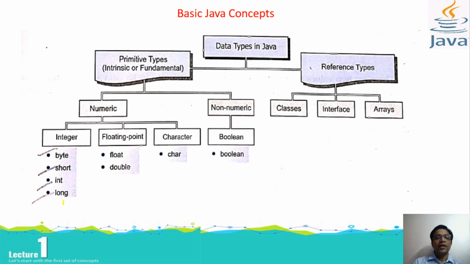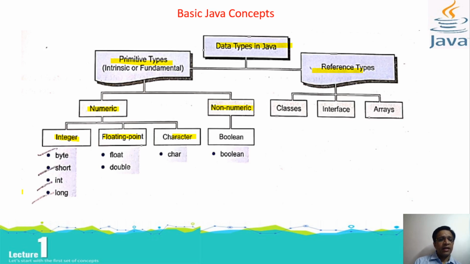Here on your screen I have provided you a chart of the data types. They are classified into 2 categories: primitive data types and the reference data type. The primitive data types can be numeric as well as non-numeric. The numeric data types can be of integer, floating point, character. These are the 3 categories.